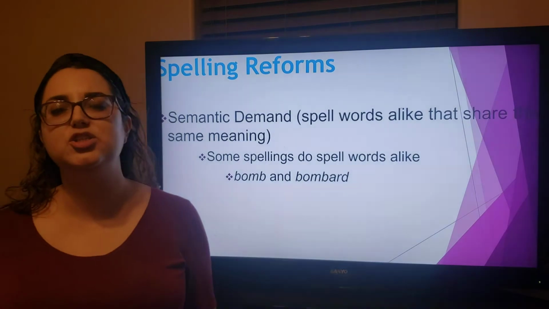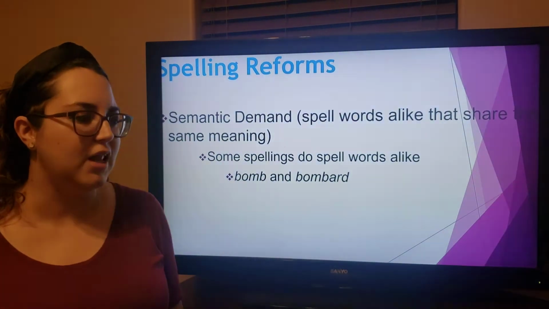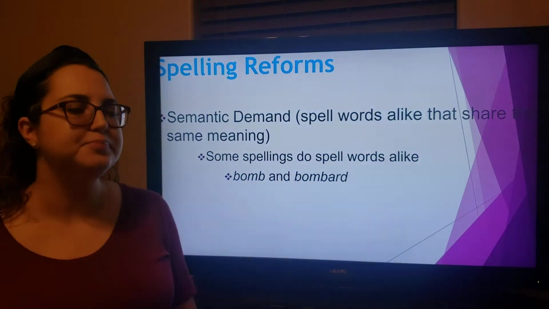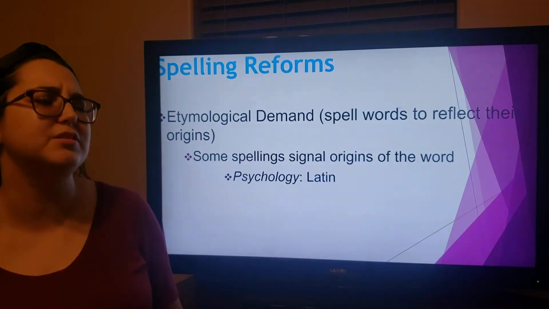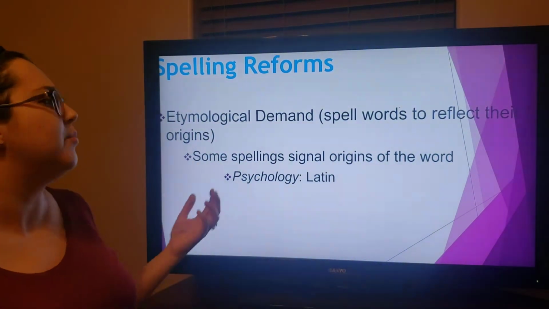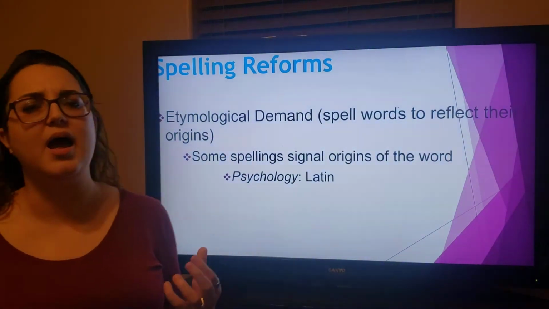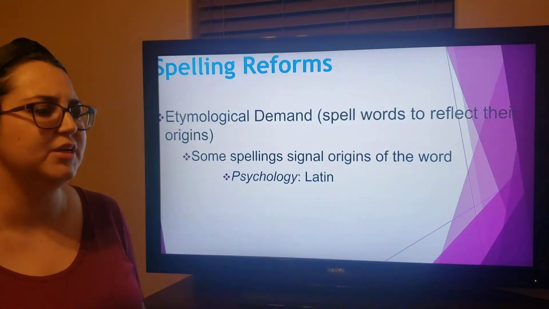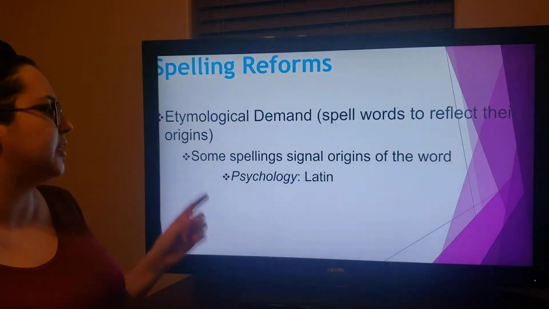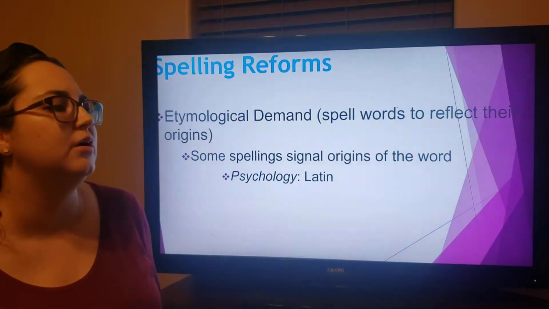Some spellings do spell words alike, like bomb and bombard. The third and final spelling reform is the etymological demand, spelling words to reflect their origins. We already have some spellings that do signal origins of the word, like psychology, which is Latin based.